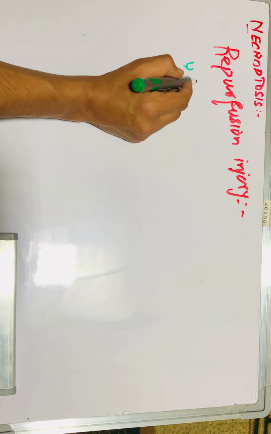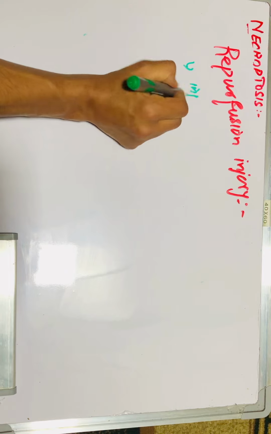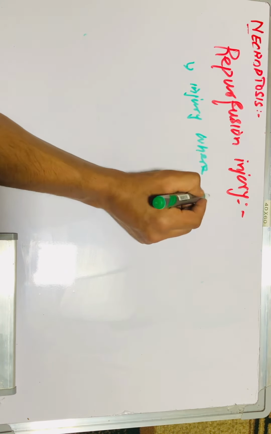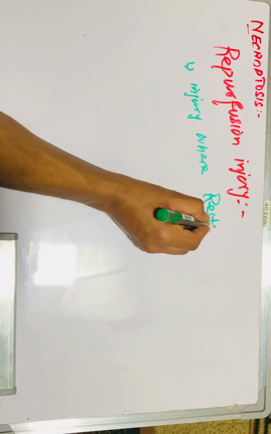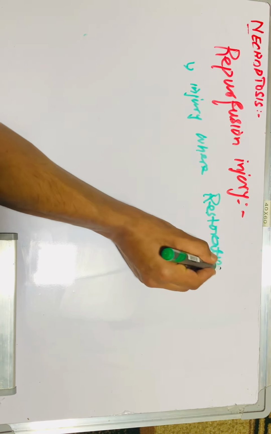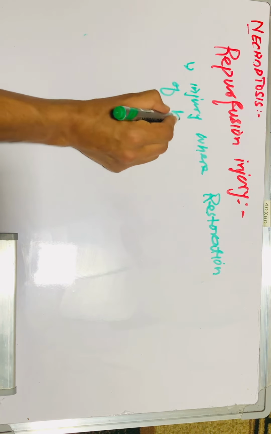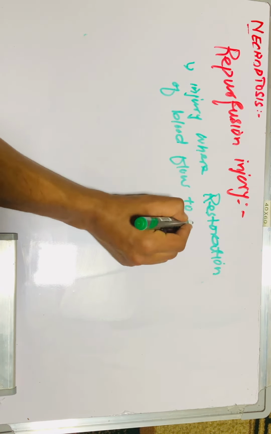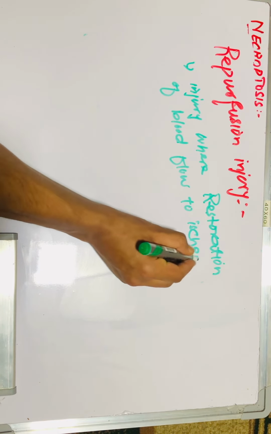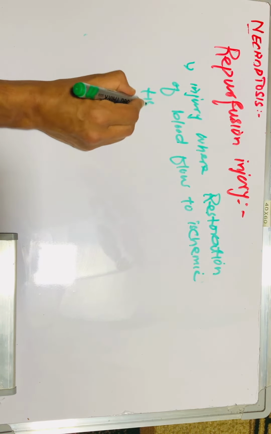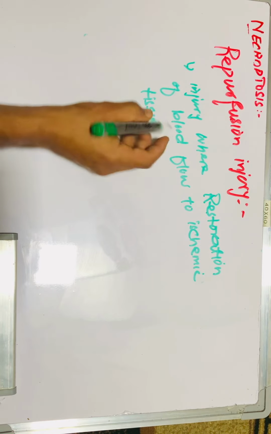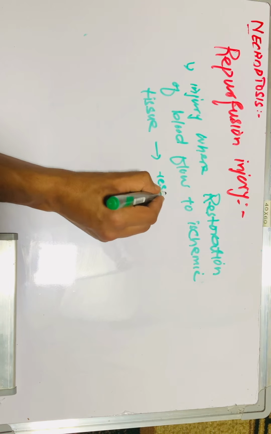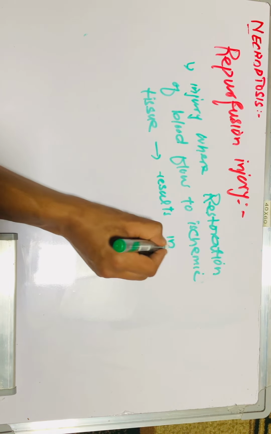It is injury where restoration of blood flow to ischemic tissue results in increased cell injury.